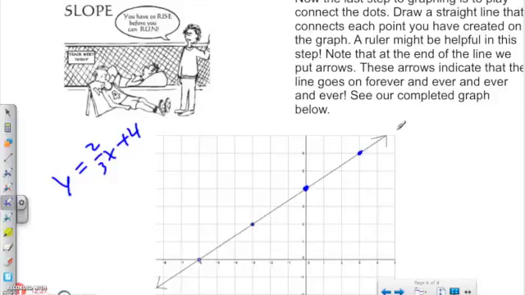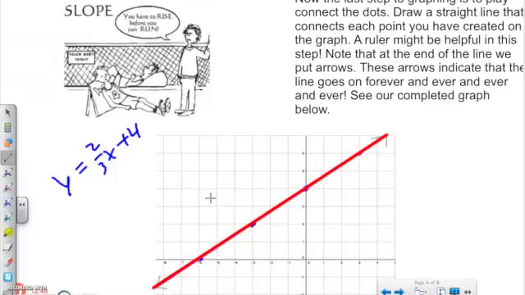We ran out of space, so we couldn't keep going up that way, so we had to reverse. Instead of going up 2 and right 3, we had to go down 2 and left 3 and put a point. Sorry, guys. And now we can cap this off by finally drawing in our line that connects these points.